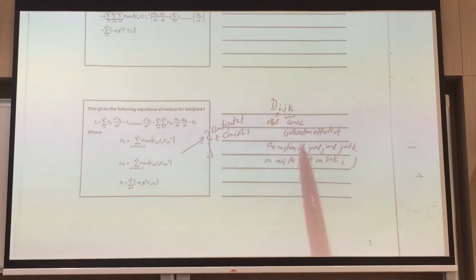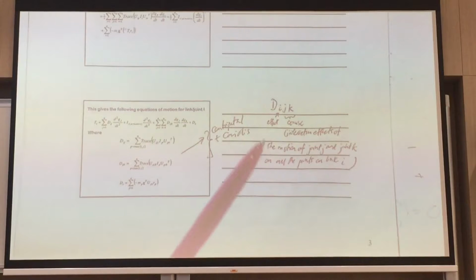Basically it says the interaction effect of the motion of joint J and joint K on joint number I. So it's a coupling effect from joints J and K on joint I. This is the essential concept here.